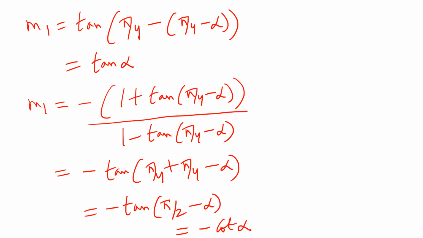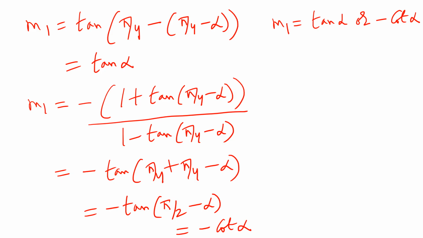Right? Now students, we have two values possible for M1. One is tan alpha and another is -cot alpha. And you know that M1 and M2 are just negative reciprocals of each other. So that means if I take M1 as tan alpha, then M2 will be -cot alpha. And if I take M1 as -cot alpha, then M2 will be tan alpha.